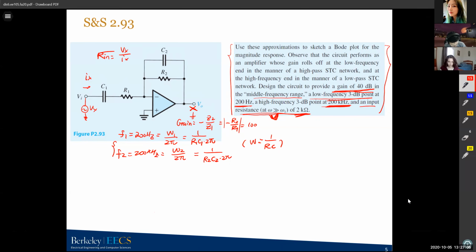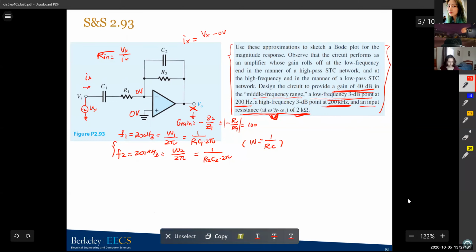Okay, let's solve this. If we give a Vx, so Vi equals Vx here, what's the current? This is an ideal op-amp, which means virtual ground: if you have 0 volts at plus, we'll always have 0 volts at minus. So the current Ix will just be Vx minus 0 volts divided by R1.